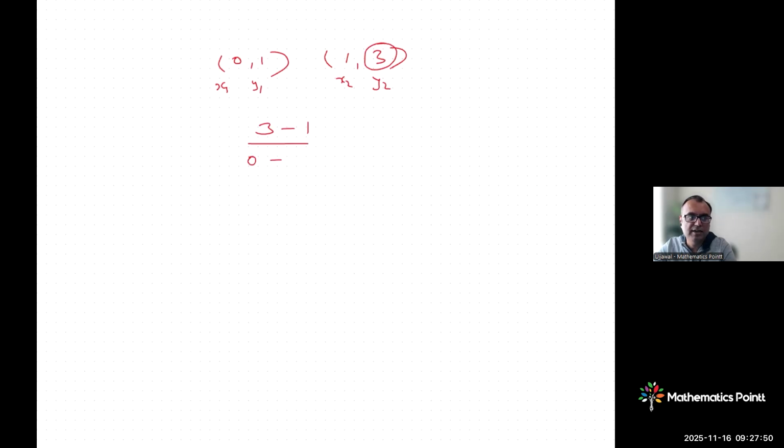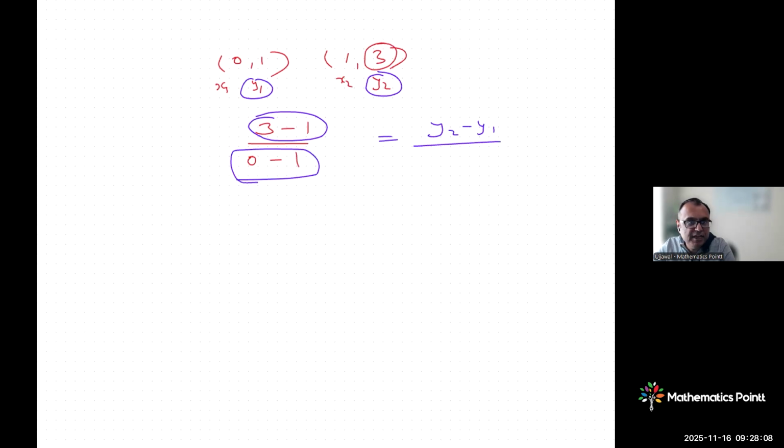So what they've done here is they've taken 3 minus 1, which is y2 minus y1. But hang on, what have they done in the denominator? They've taken x1 take away x2, which is incorrect.